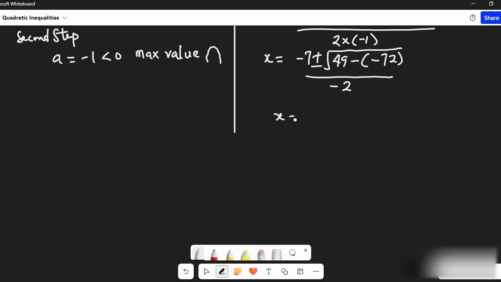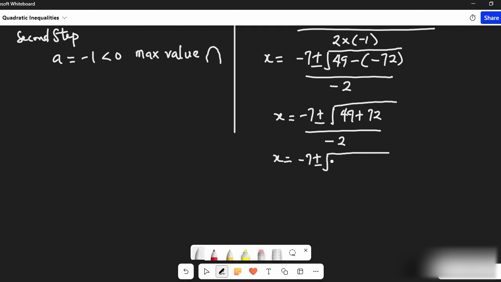So we have that x equals minus 7 plus or minus the square root of 49 plus 72 over minus 2. So we have that x equals minus 7 plus or minus the square root of 121 over minus 2.